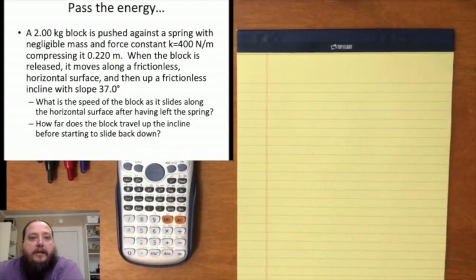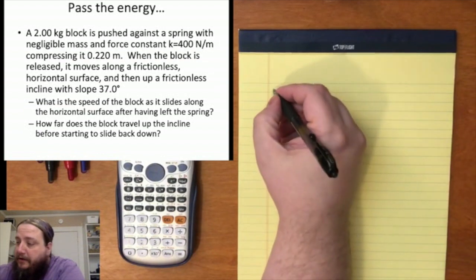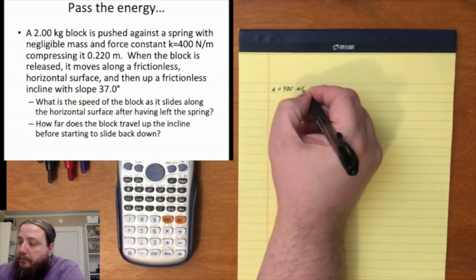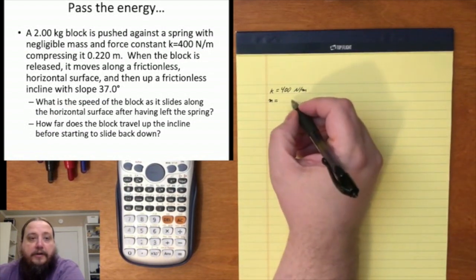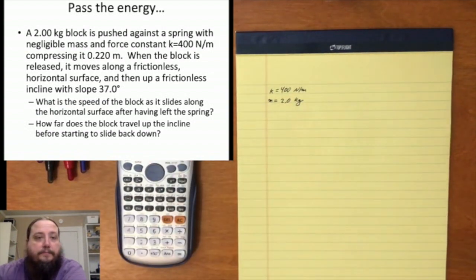All right, so it says a 2-kilogram block is pushed against a spring with a negligible mass and a force constant of 400 newtons per meter. So we've got a constant here of 400 newtons per meter. We've got a mass here of 2 kilograms.